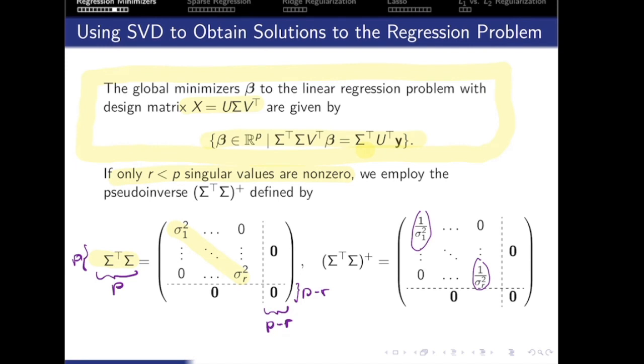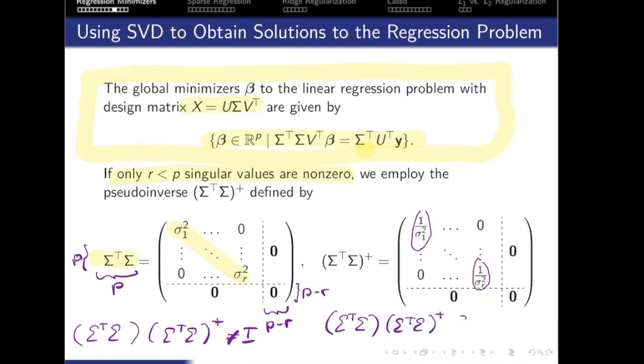And then it's called a pseudo-inverse because it's not actually an inverse, because the equation sigma transposed sigma times the pseudo-inverse, sigma transposed sigma plus, as it is denoted here, is not equal to the identity matrix. But we have another property, and that is that sigma transposed sigma times the pseudo-inverse, and if I now multiply with sigma transposed sigma, I get again sigma transposed sigma.